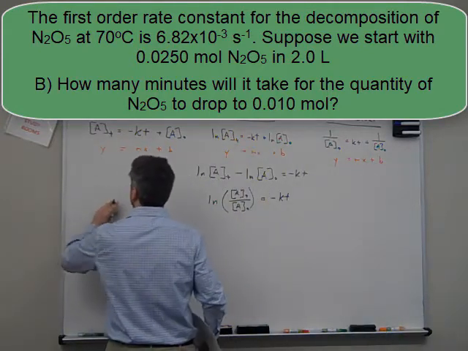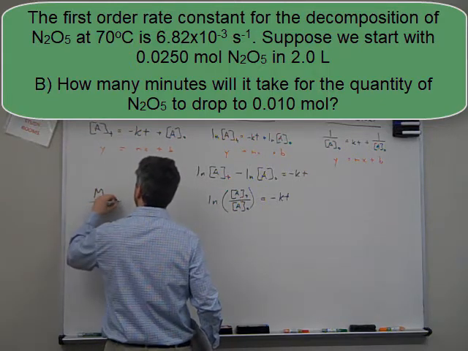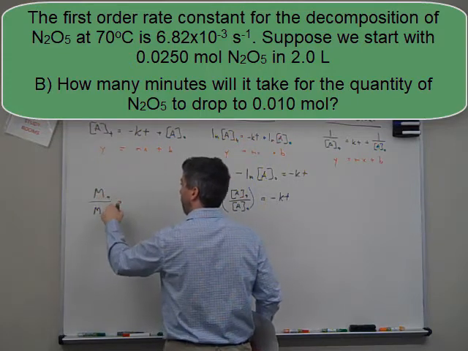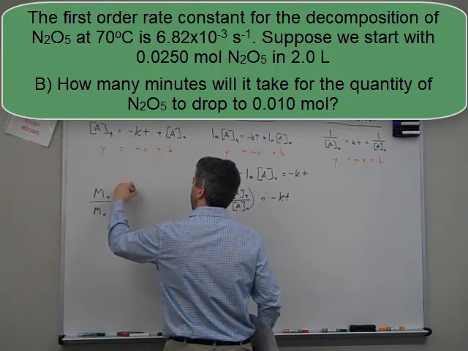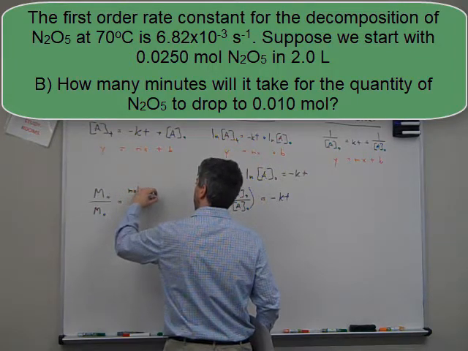So let me explain it like this. If you have molarity over molarity, even if the molarities are different, let's say this is molarity at time t and this is molarity initial. Well, this would be the moles at time t divided by the volume, which is 2.0 liters.